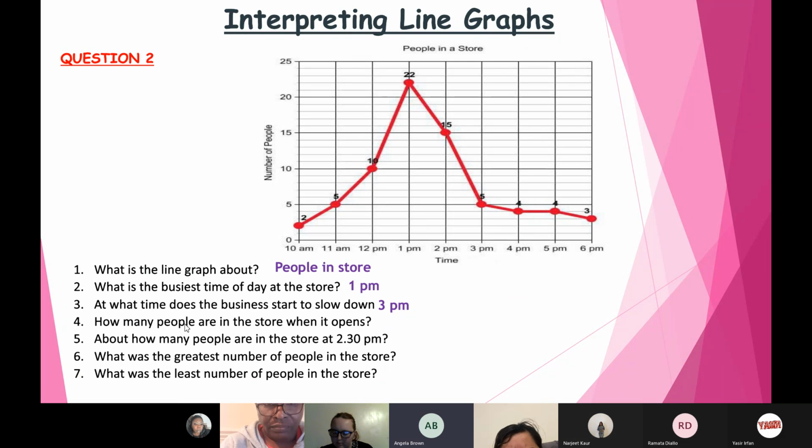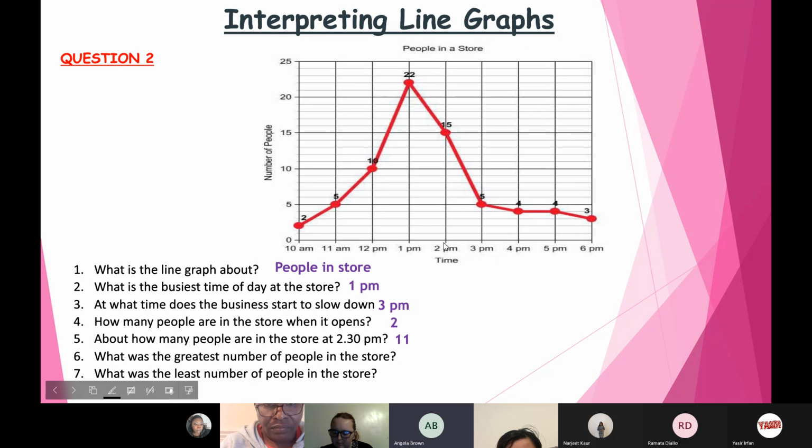How many people are in the store when it opens? Well, that's when it opens at 10 a.m. and we could see that there were only 2 people there. How many people are in the store at 2:30? So this is 2:30, approximately about 10. Ooh, 11.